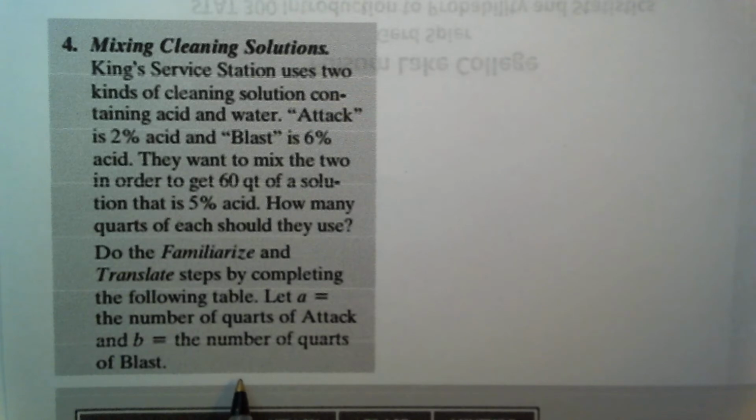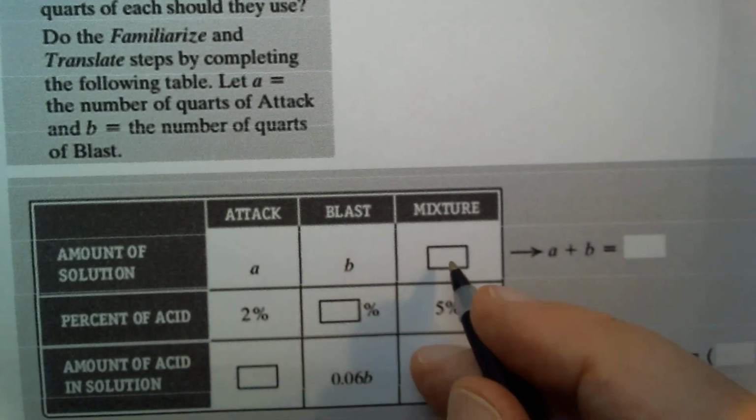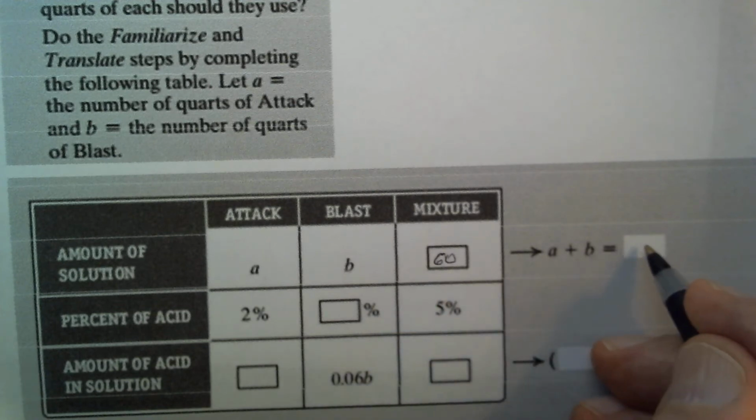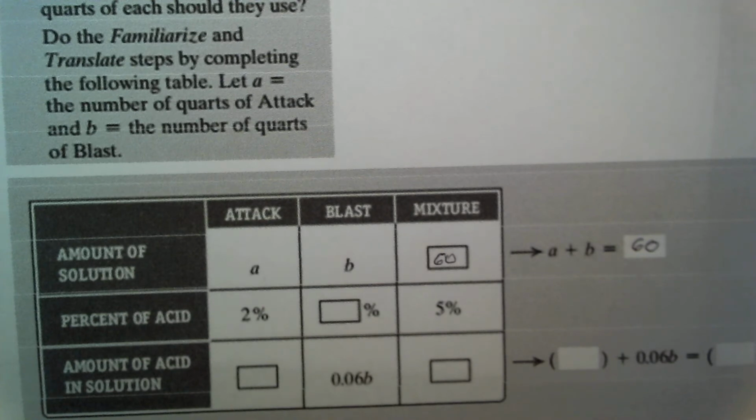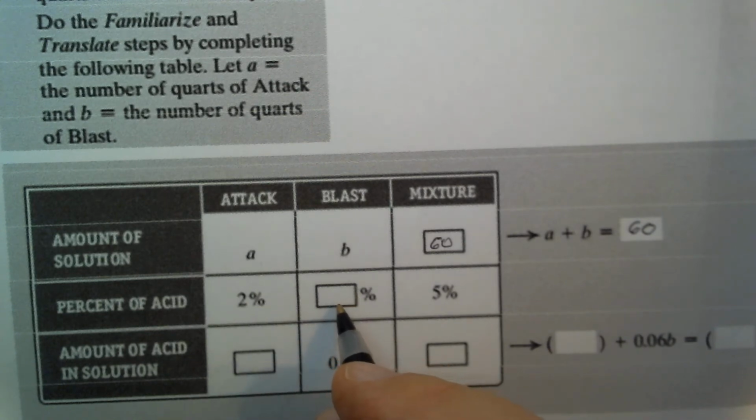Okay, so let's call A the amount of solution A for attack and B the amount of solution B for blast. The mixture is supposed to contain 60 quarts, so we can say that A plus B equals 60 quarts. Now there's 2% acid in the attack solution, and 6% acid in the blast solution.